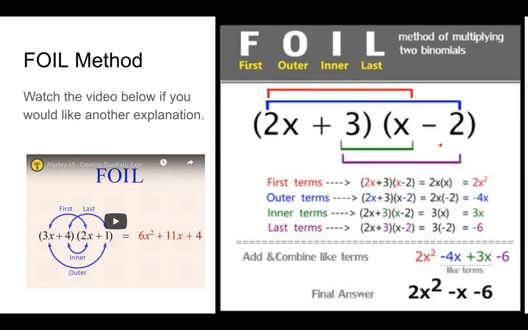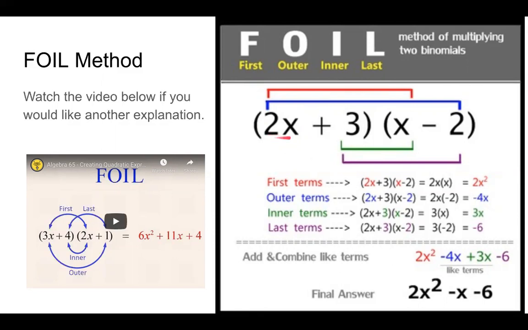In order to multiply these binomials by each other, we have to make sure that we multiply things correctly. And that's what the FOIL method does for us. So the first thing that we do is we take this outside term. First, outer, inner, last. We take this outside number in our first equation, and we distribute it to the other parentheses.